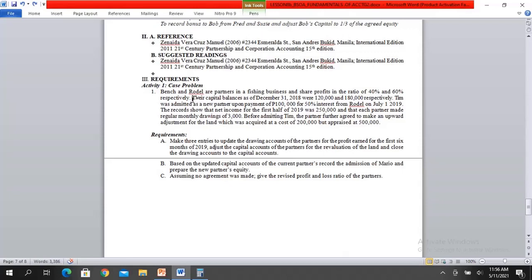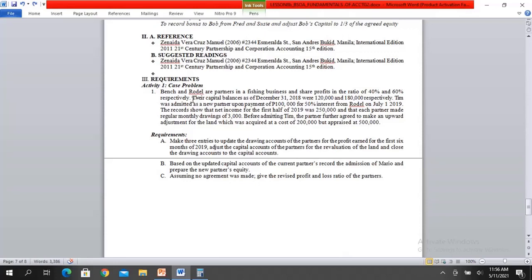So, the record showed that net income for the first half of 2019 was 250,000 and that each partner made regular drawings of 3,000. So, before admitting Tim, the partner further agreed to make an upward adjustment for the land which was acquired at a cost of 200,000 but appraised at 500,000.